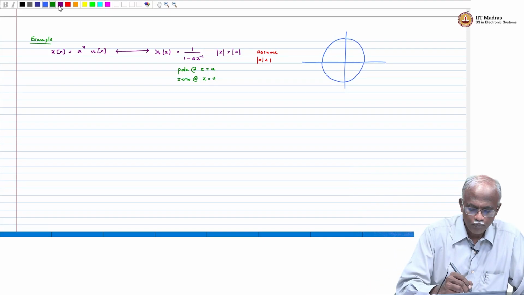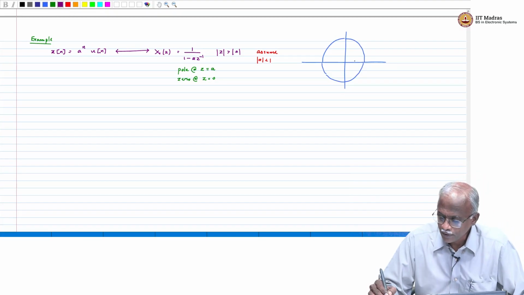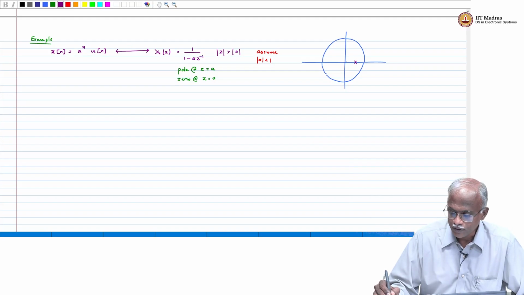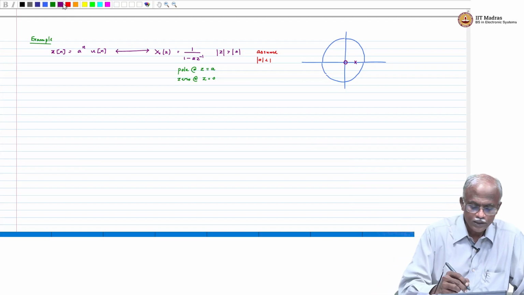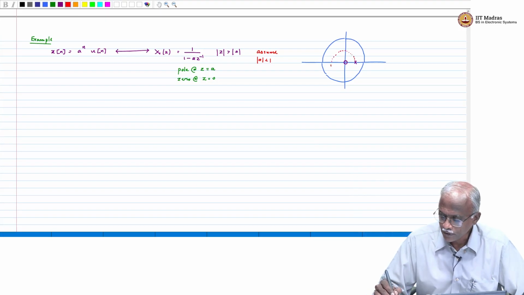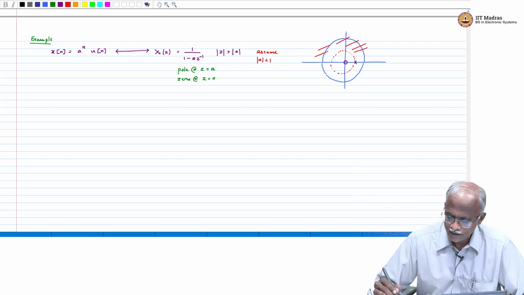There is a pole at z equal to a, and a 0 at z equal to 0. The region of convergence is outside the circle with radius equal to a, and if you take it to the right, you will get a right-sided sequence. That is the interpretation in terms of the sequence.